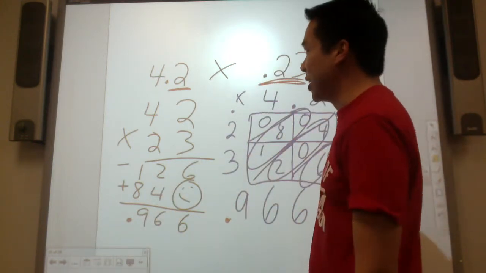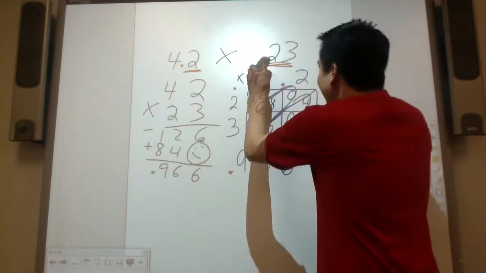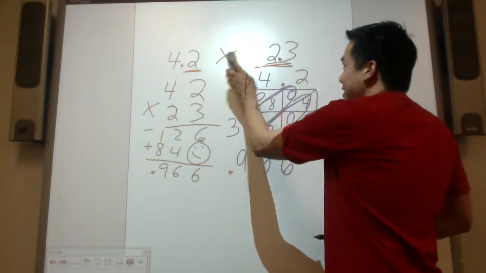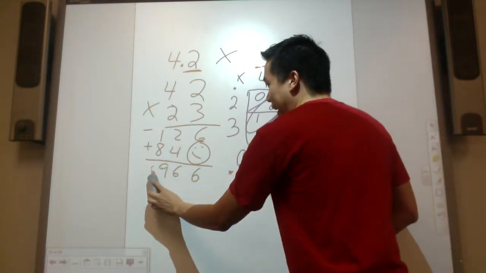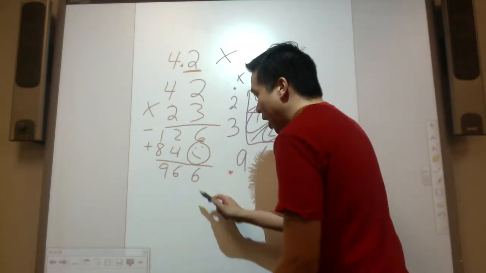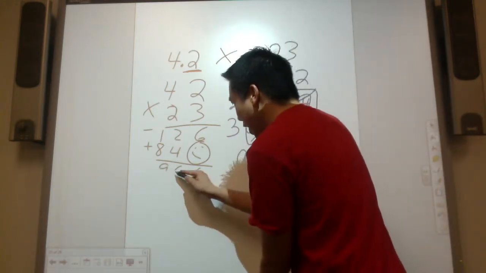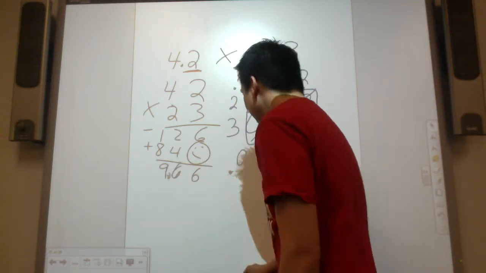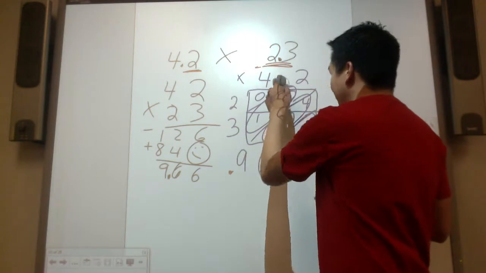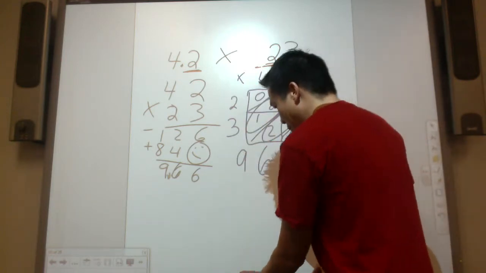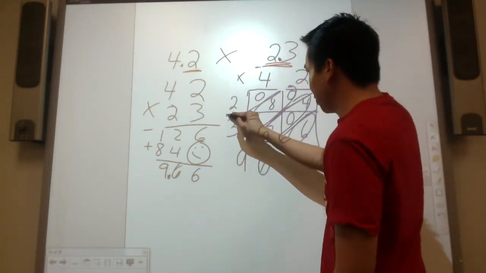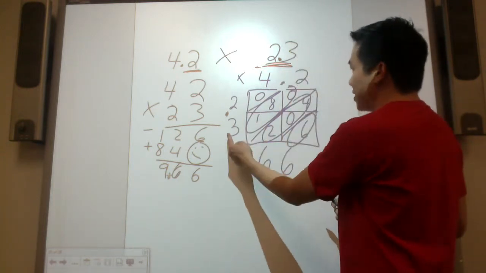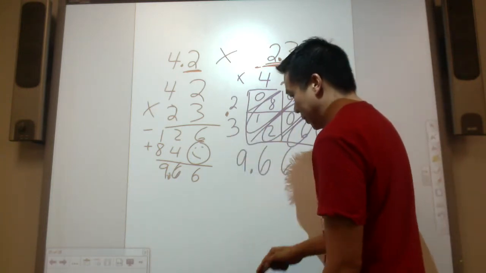So, for example, if it's tenths place times hundredths place, it'll be thousandths place. What happens if it was this one? Tenths times tenths. Then your answer will be in the hundredths place. And for this question, 2 and 3 tenths and 4 and 2 tenths, they're both tenths times tenths, hundredths place.